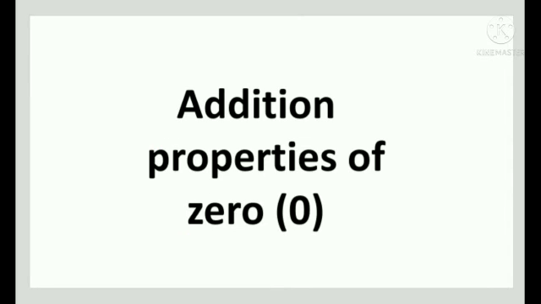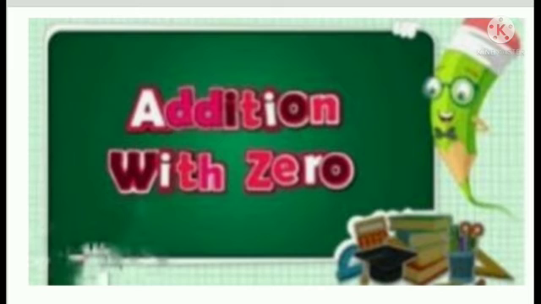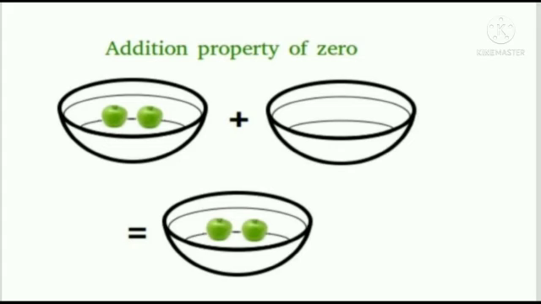Now we will learn the concept about addition properties of 0. Now let's see what happens when 0 is added to any number. Okay, there are 2 green apples in the first bowl and no green apples or 0 apples in the second bowl.